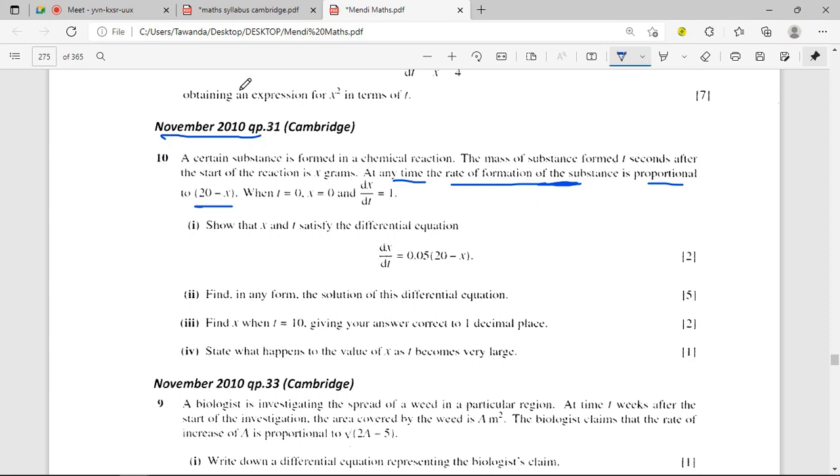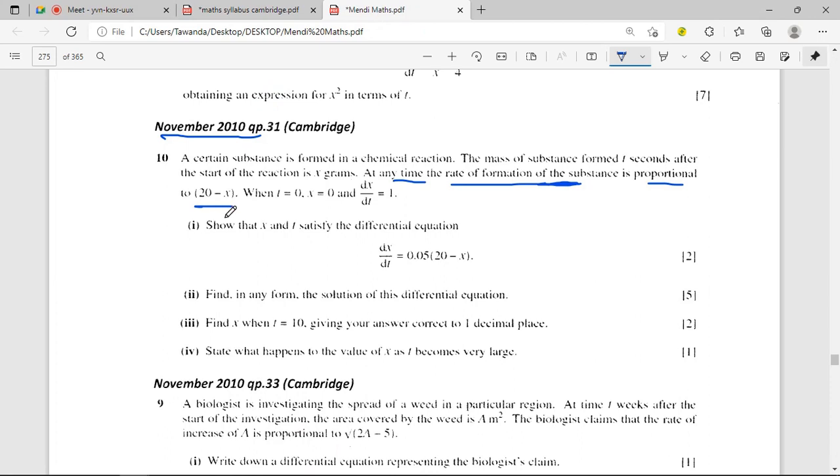Rate of formation of the substance is dx over dt.